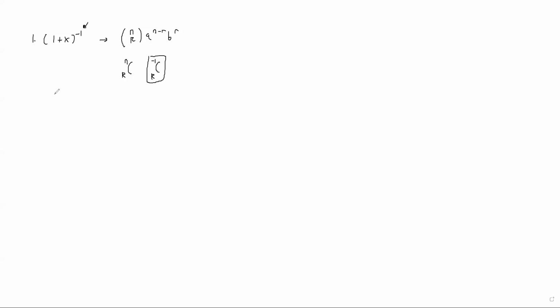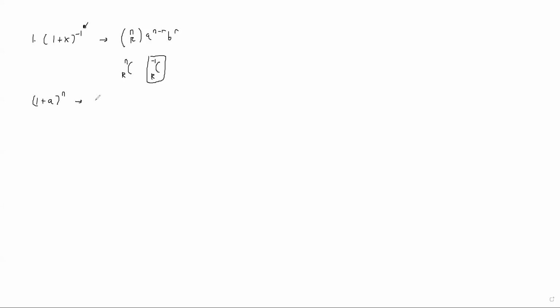So what formula can we use? The type of formula that we can use is basically like this: 1 plus a, bracket, to the power of n. And the n here can be a negative power or a fraction, so it can be both. The formula goes like this.